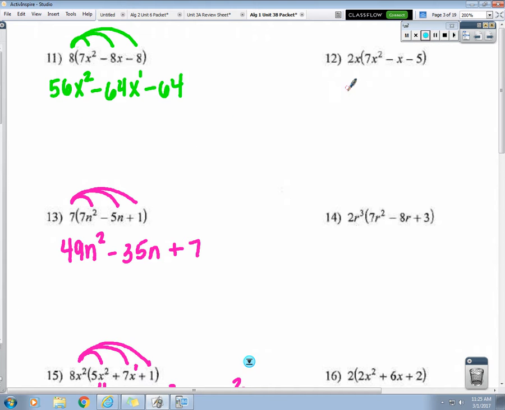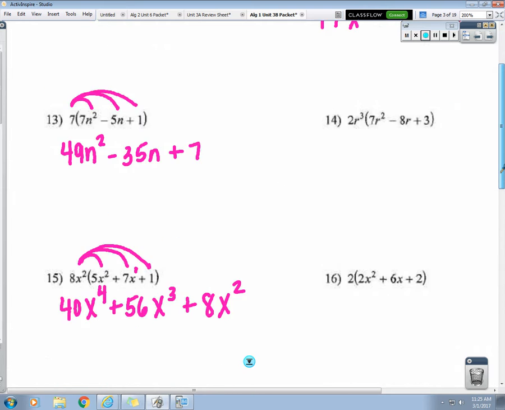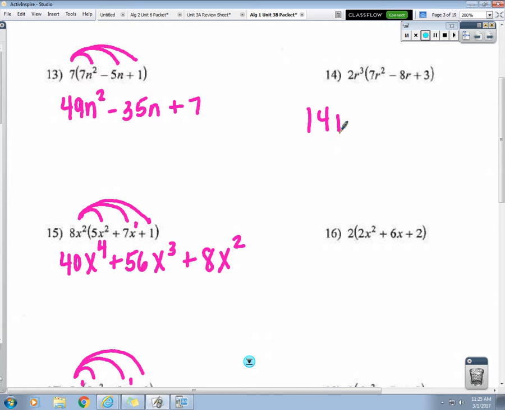Okay, for this one you should have got 14x cubed minus 2x squared minus 10x. Okay, for the next one you should have got 14r to the 5th, 16r to the 4th, plus 6r cubed.